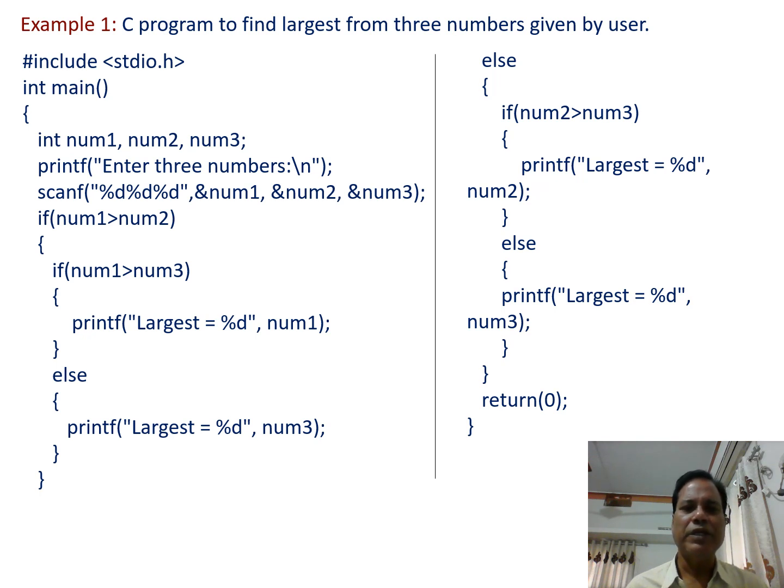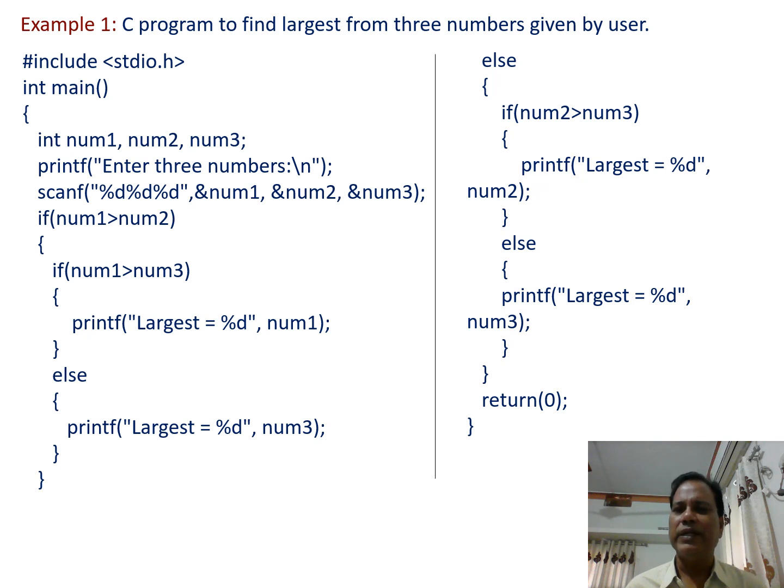If num1 is greater than num3 is false, then control goes to the else block. In the else block, again we find that an if-else statement is included. So in this if-else statement, num2 is compared with num3.